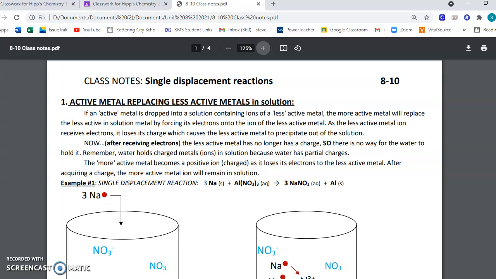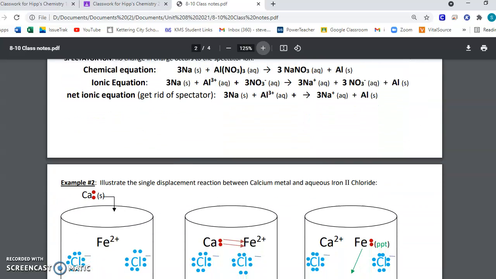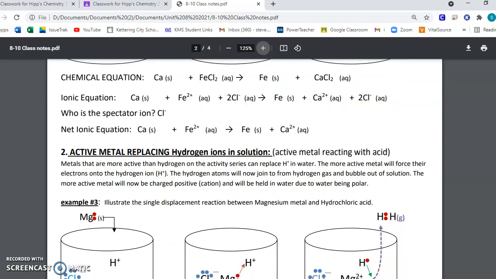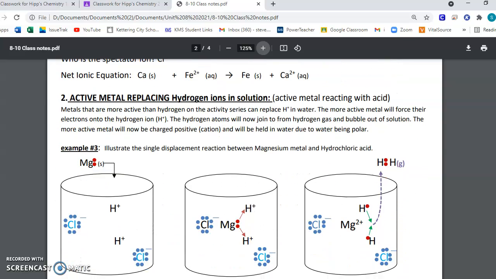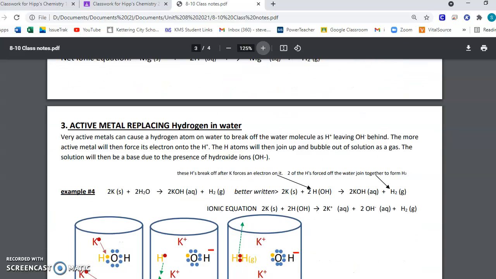In our first video, we took a look at the first type of single displacement reactions, active metals replacing less active metals in solution. In our second video, we took a look at the second type of single displacement, where an active metal can replace a hydrogen ion in solution. And we also looked at the third type, where an active metal can replace hydrogen atom on a water molecule.